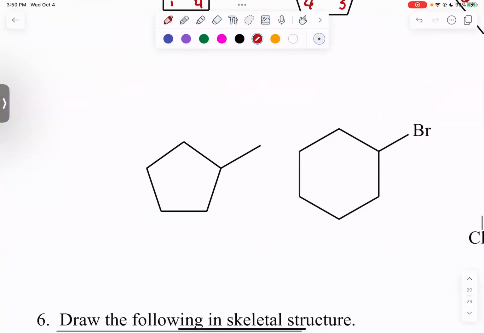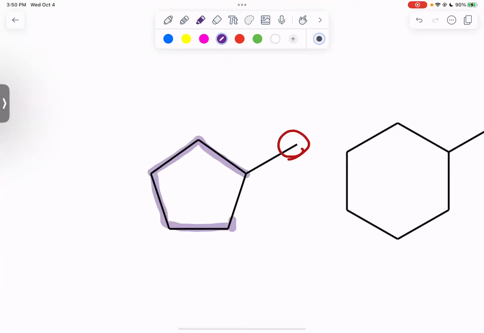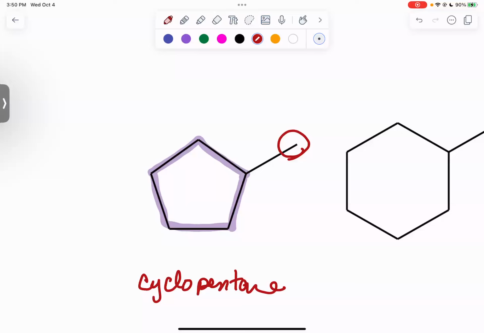All right. Now, when you get to one substituent on the ring, the numbering is important. When you get to one substituent, our parent is still our ring, right? As long as the ring has more carbons than the substituents, the ring is the parent. And so this would be a cyclopentane. And then what we want to do is number, but give that substituent the lowest number possible, which is a 1.